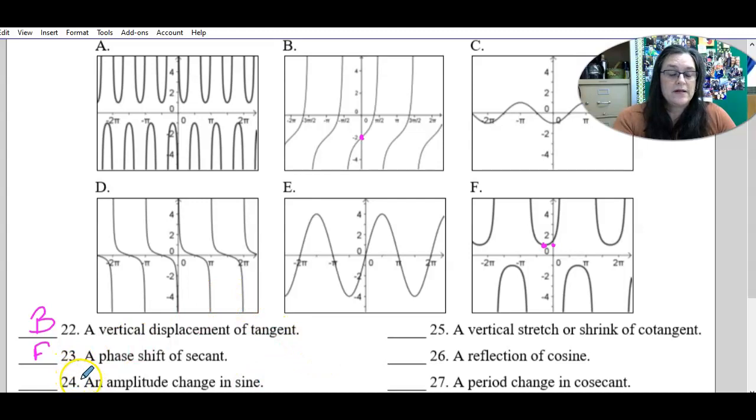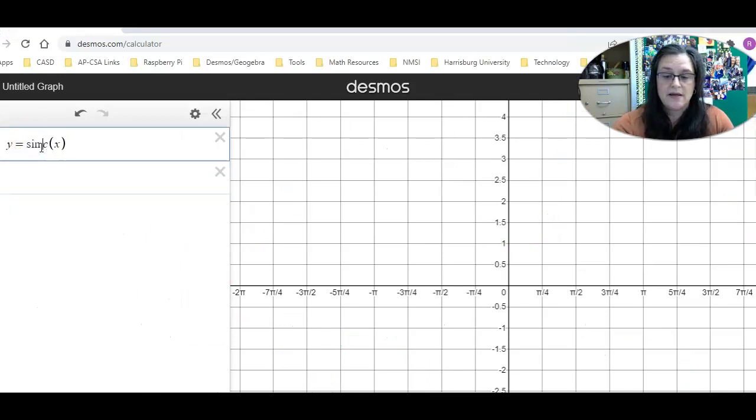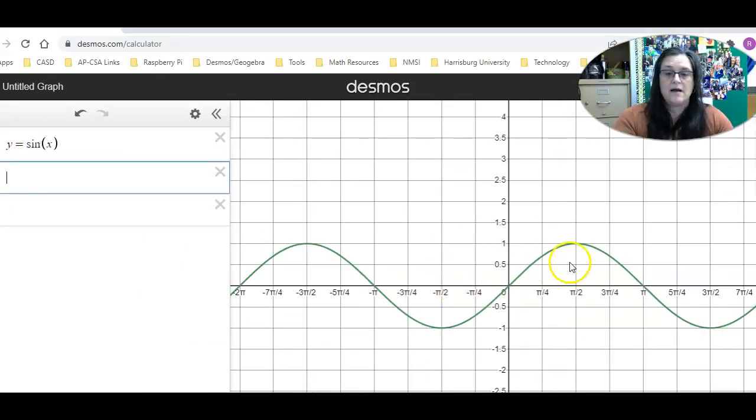Okay, 24 is looking for an amplitude change in sine. The parent graph of sine goes through 0, 0, and it's a wave shape. So in graph E, we have the shape of the sine function. The parent graph of sine, when we look back at Desmos, has a distance from the midline to its maximum of 1.